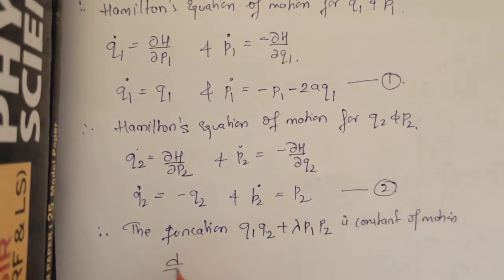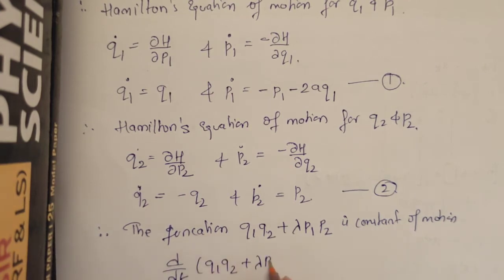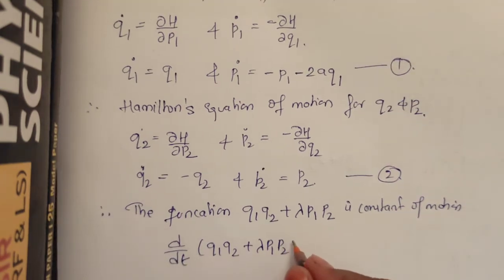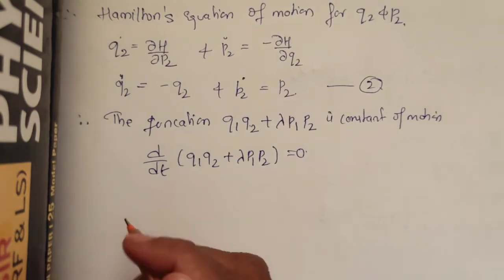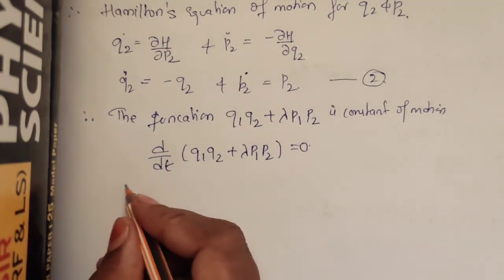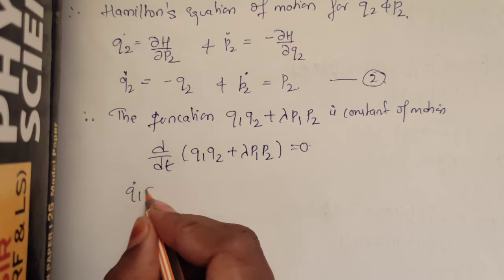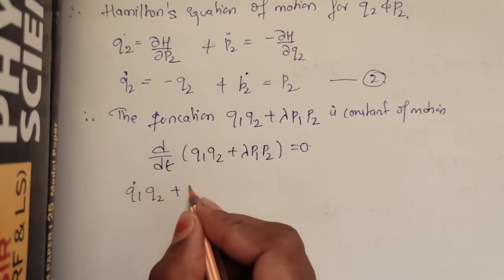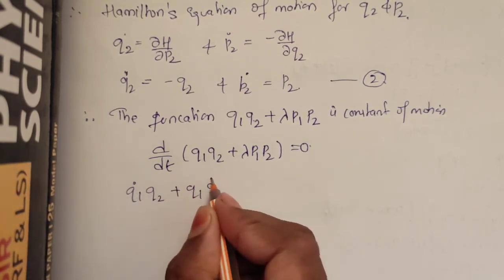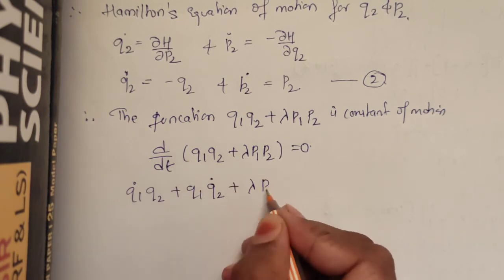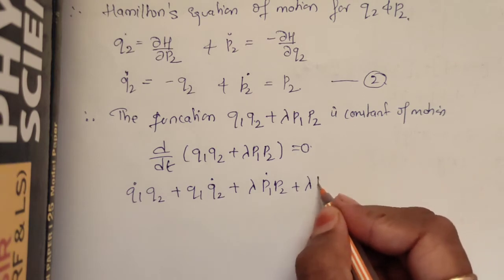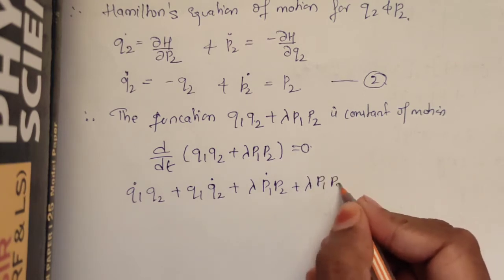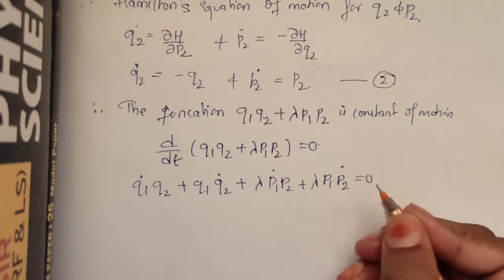Then d by dt of Q1 Q2 plus lambda P1 P2 equal to 0. So upon differentiation, what values will we get? That will be Q1 dot Q2 plus Q1 Q2 dot plus lambda P1 dot P2 plus lambda P1 P2 dot, that is equal to 0.